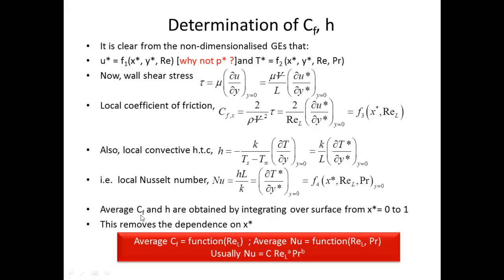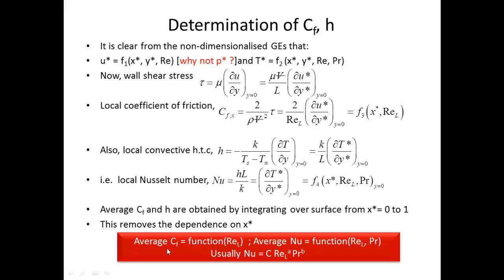We can also find the Cf and H for the complete geometry. That is, if you are looking at a flat plate, we can determine the average value of Cf and H by integrating over the complete distance. So since x star varies from 0 to 1, we can find the average values integrating over the surface from x star varying from 0 to 1, so that we can remove the dependence on x star.